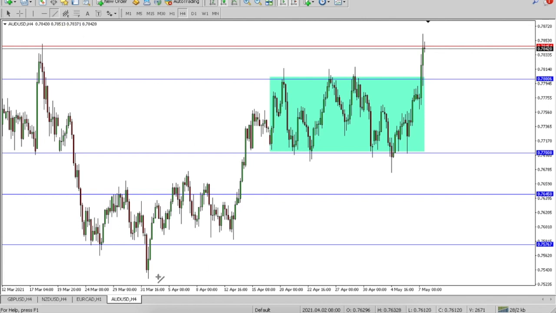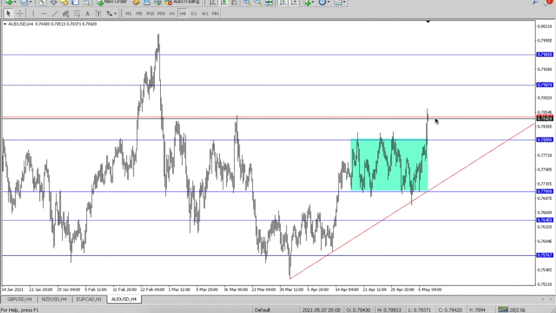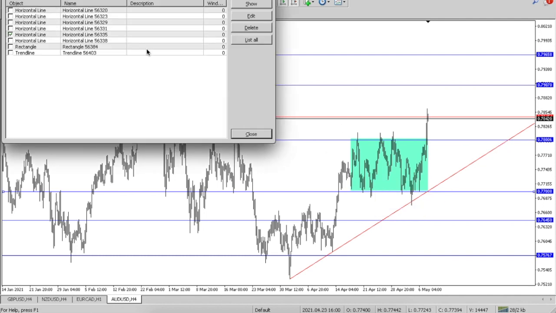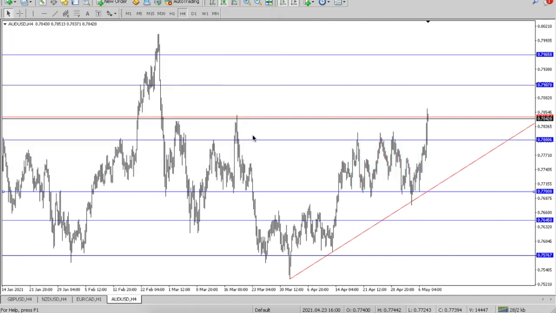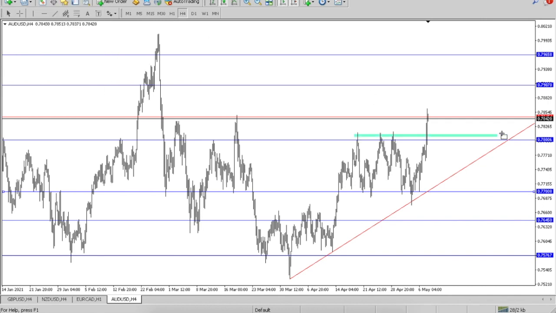So we can mark the direction of the trend from there, then we can have a trend line going all the way up, okay? All the way up. So now we'll anticipate a pullback coming down here.